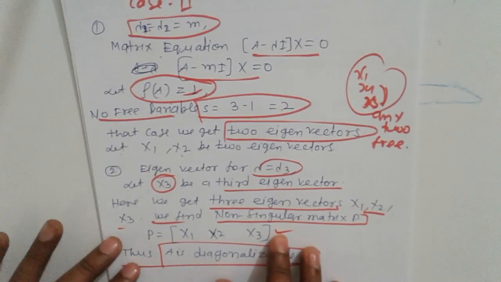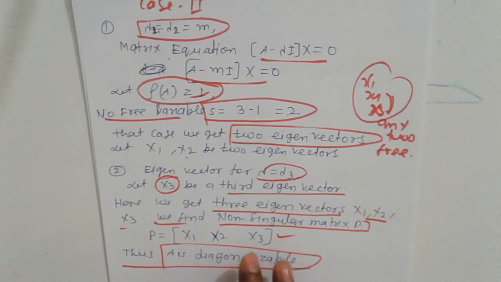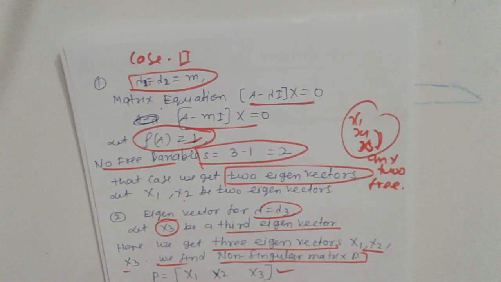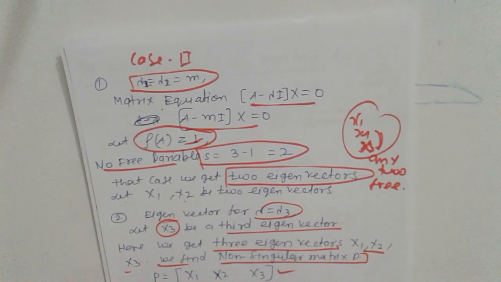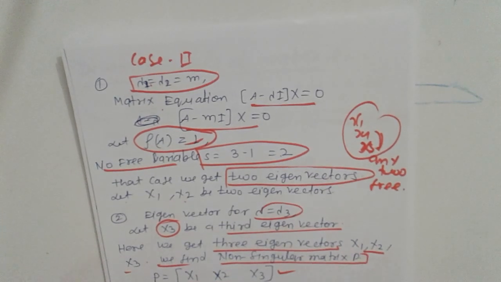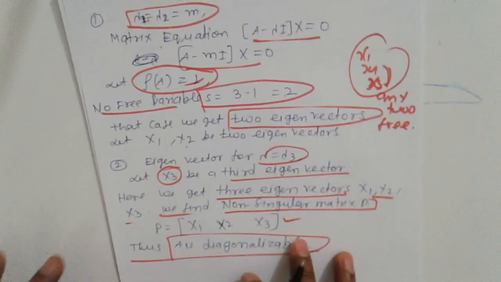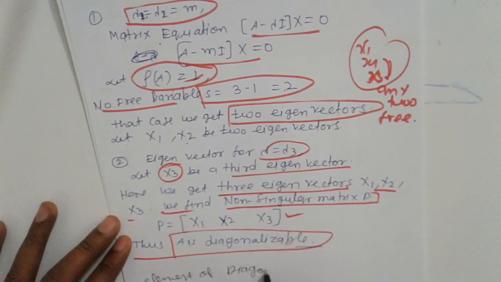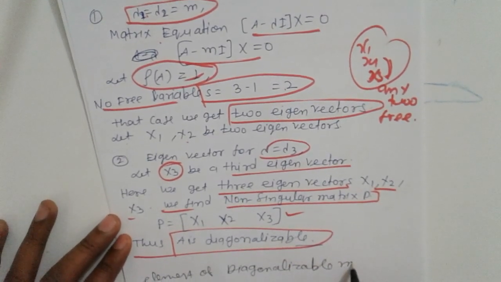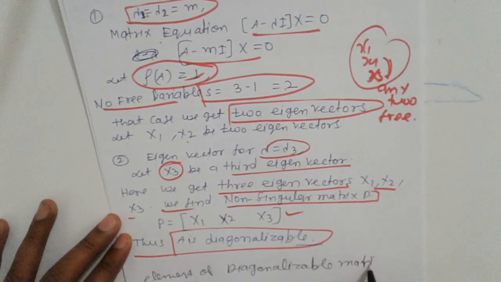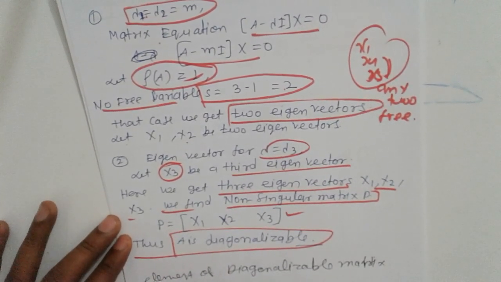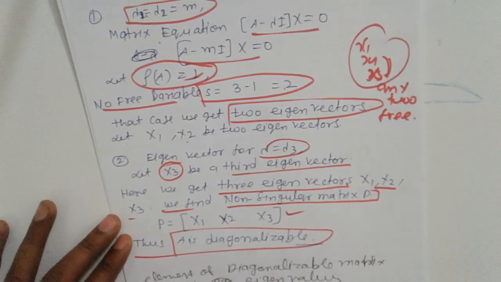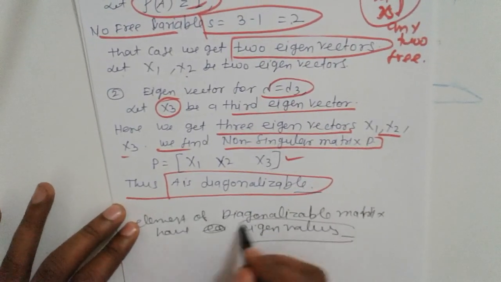If the number of eigenvectors equals the number of eigenvalues, then the matrix is diagonalizable. And remember, the elements of a diagonalizable matrix are the eigenvalues. Elements of a diagonalizable matrix have eigenvalues. That is important.